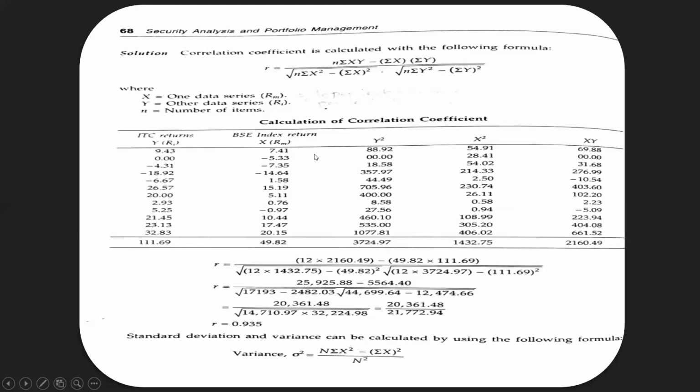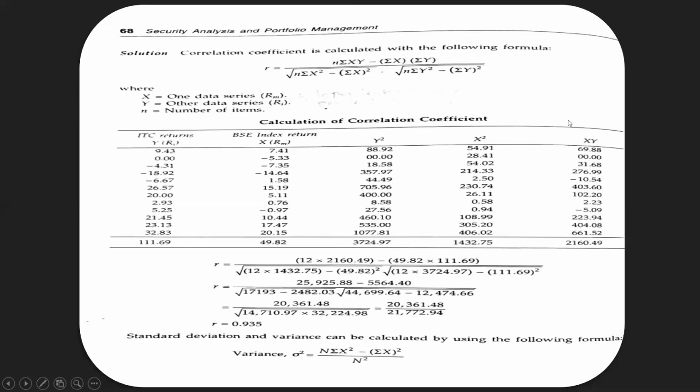That is, the second column items are all squared. 7.41 into 7.41 will give you 54.91. 5.33 into 5.33 will give you 28.41. Likewise, all the items in the second column have been squared, and the total has been calculated as 1432.75, which is sigma x square.